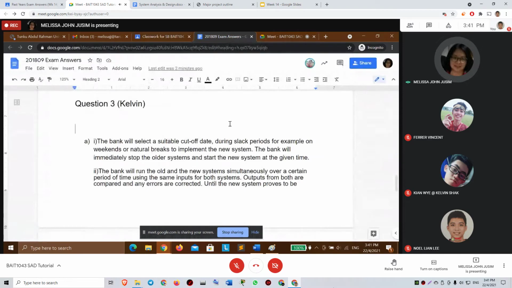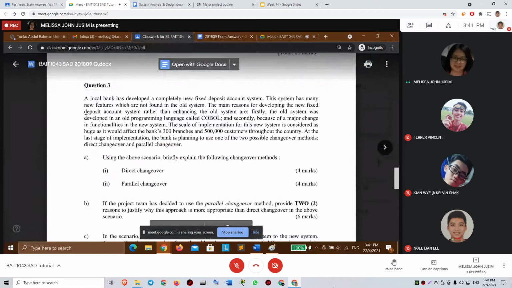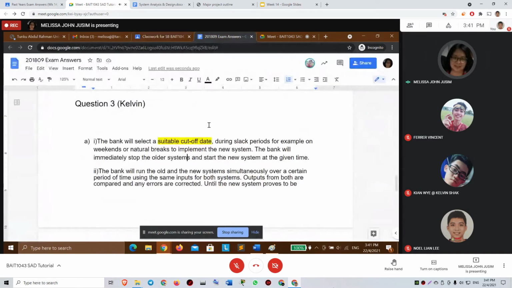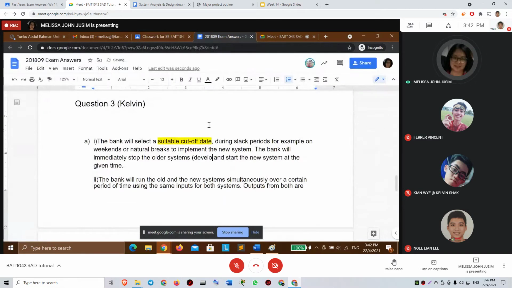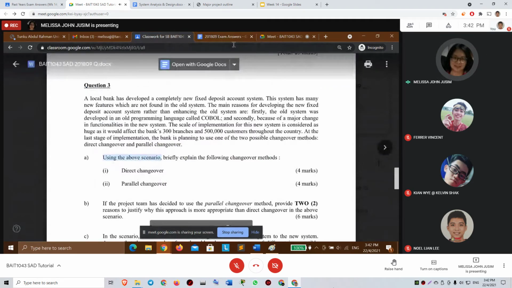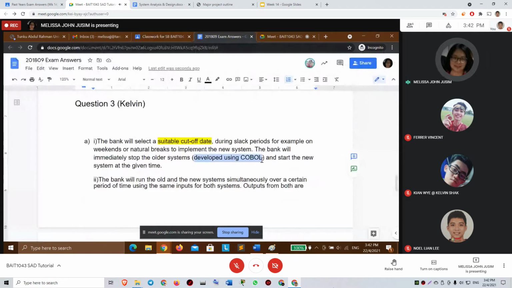Let me see Kelvin's answer. Select a suitable cutoff. Yes. The bank will immediately stop the older system. So what is the older system? Developed using COBOL. Perhaps because you are explaining using the scenario, Kelvin, using the above scenario, I add this in to show that you understand which one is which.